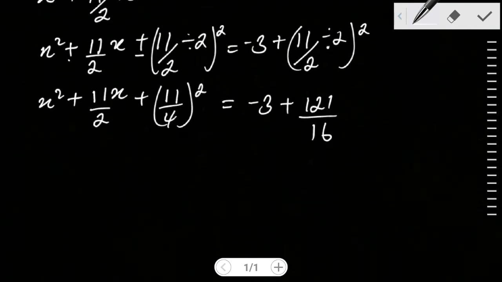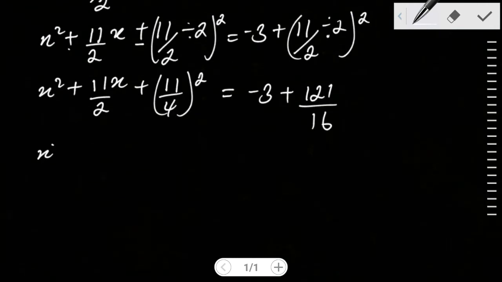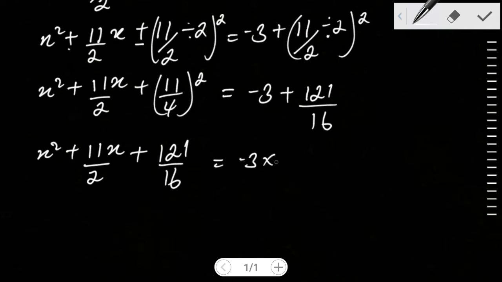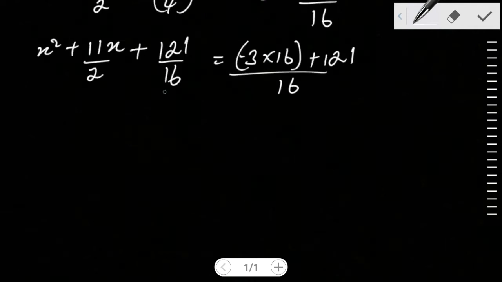And therefore, if we proceed with this, x squared plus 11x over 2 plus 121 all over 16 equals, I'm going to have -3 times 16 plus 121 all over 16.